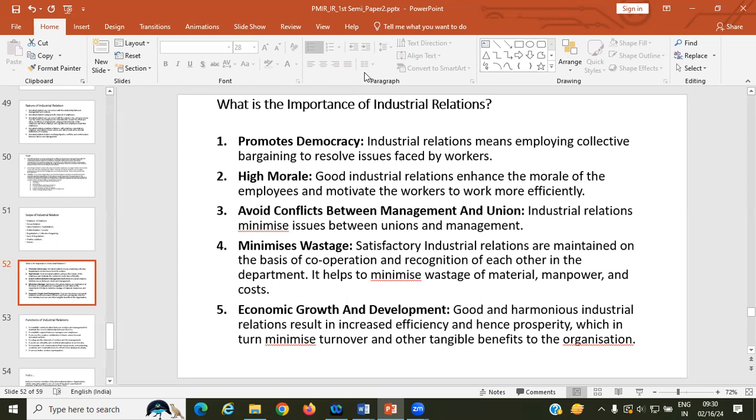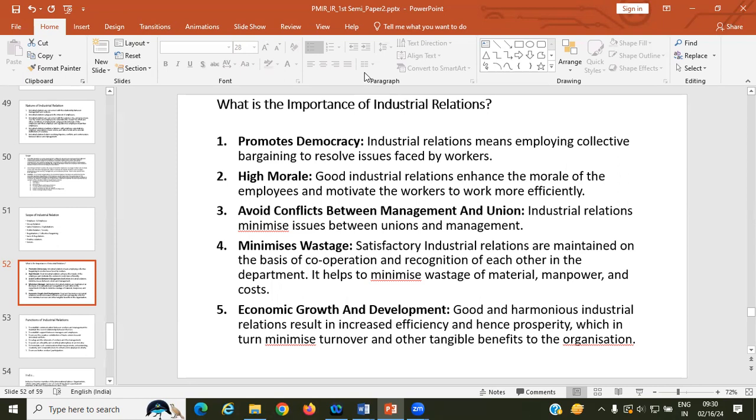So the problem will not arise. Sometimes the union or the employer will sense that this could be the problem, so before that, we'll have a solution ready. So that will avoid the conflict.